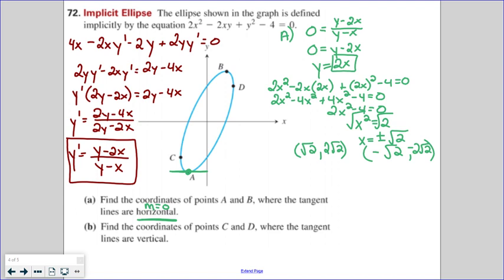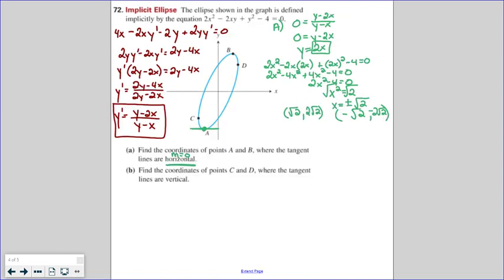Okay. It is a very similar process for the second one. We just have to remember when it says that they are supposed to be vertical. Vertical lines have a slope of what? Undefined, right? And if I need my slope to be undefined, what part of it do I need to look at being a certain number? Denominator has to be 0.